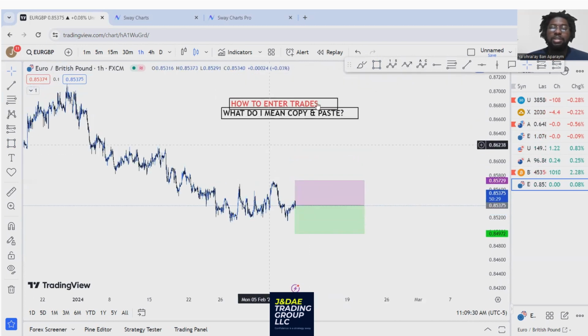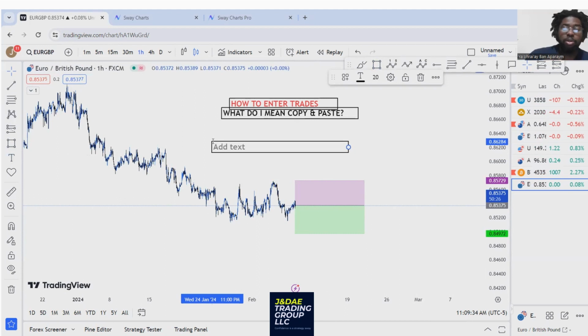So what do I mean by stop loss? Let's write that out so you guys have an understanding. I'll put stop loss, abbreviated as SL, and I'll put it in the chat as SL when I send a trade.